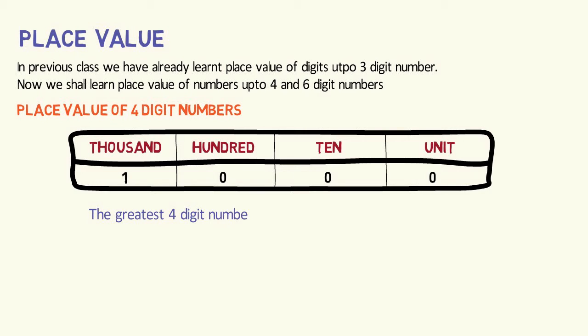The greatest 4-digit number is 9999. Place value of its digits.